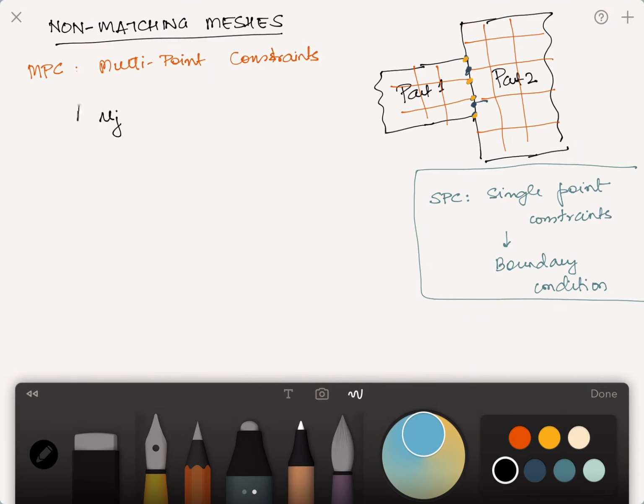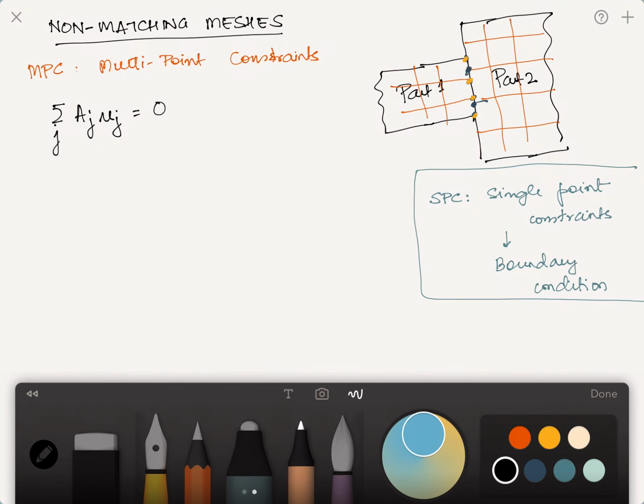Let's say the constant is a_j for every displacement. In multi-point constraints, I want to make sure that the summation over all j of this constant times the displacement is equal to 0. That is the basic fundamental of multi-point constraints.